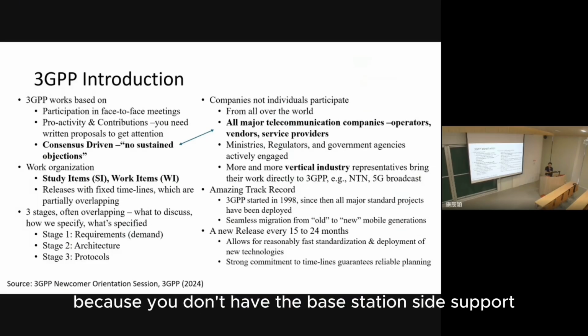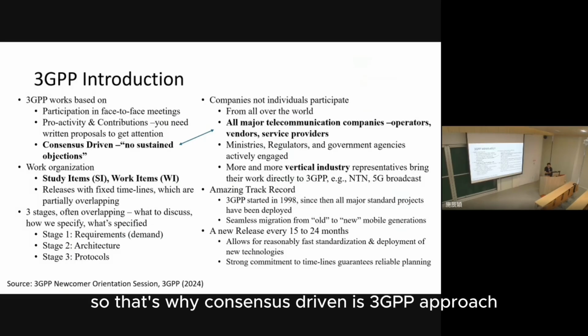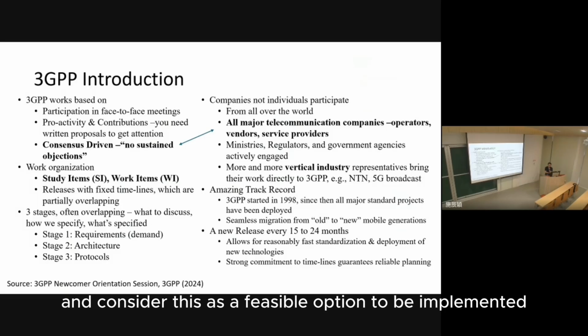The answer is no, because you don't have the base station side support. That's why consensus driven is the 3GPP approach, because all the major players have to agree and consider this a feasible option to be implemented.